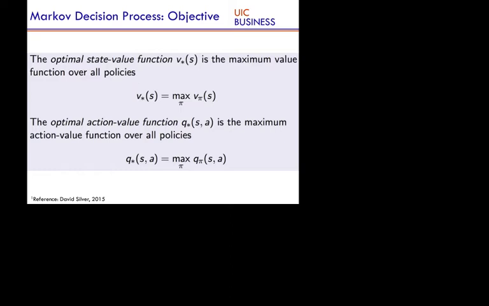And you can do this for every starting state s. The optimal action value function is also similarly defined: maximize over pi of this for every s comma a. So that's the objective: to optimize for policies such that you can maximize the value function, or maximize the state action value function.